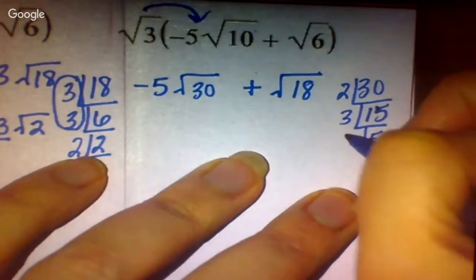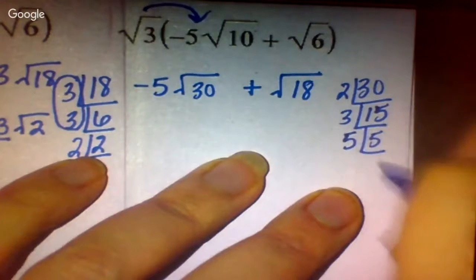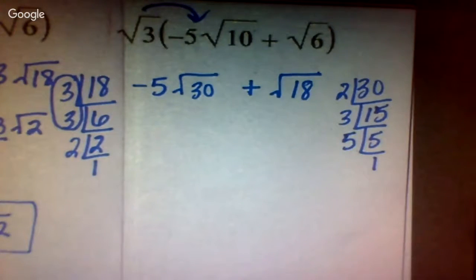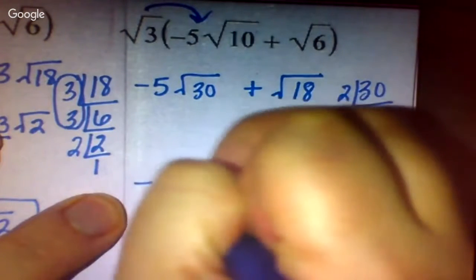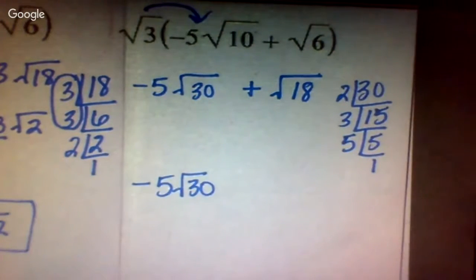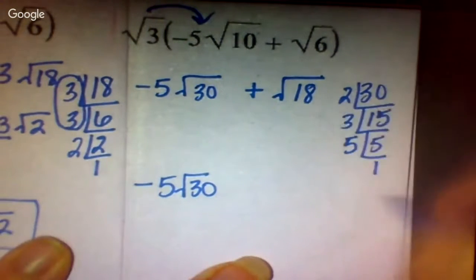And that's 5 and 1. Is there anything that I can circle and pull out? Nope. So is this one going to change? Nope. It's going to stay the same. That's one of the ones where you do all that extra work and then you can't do anything with it. So that one's not going to change.